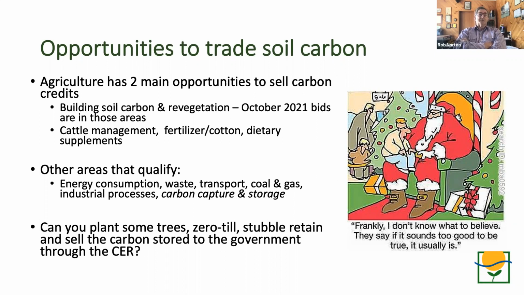There's a whole range of opportunities to do that. In agriculture, the main ones, as I said, are soil carbon and revegetation. As I mentioned, there's also things like cattle management, dietary supplements for beef and dairy, and nitrogen fertilizers on cotton. All those have protocols which you can look at in terms of how much carbon you could accumulate and sell that credit to the government, who then offsets it against our carbon emissions.